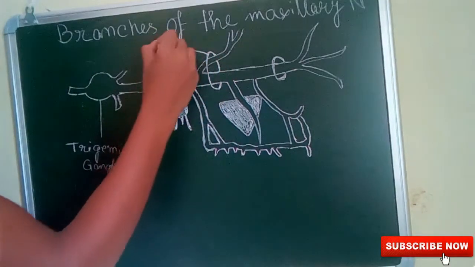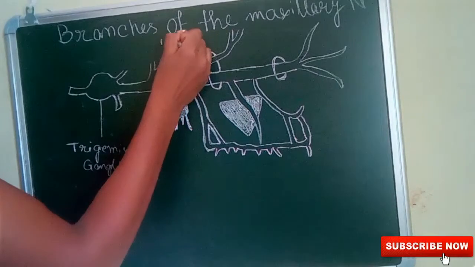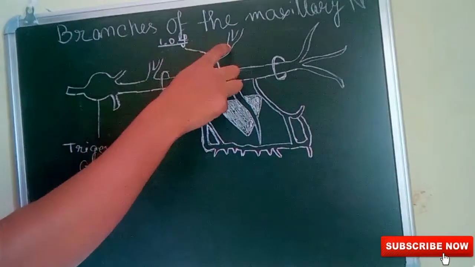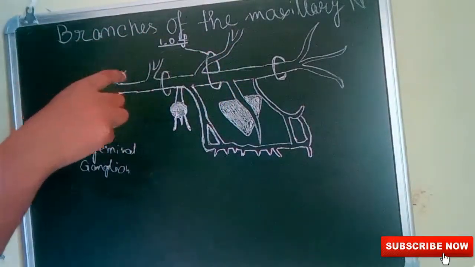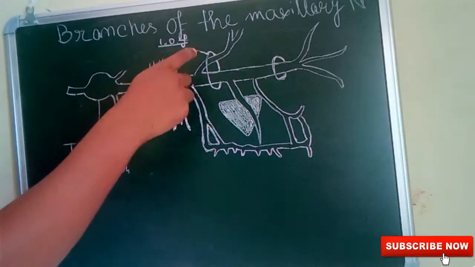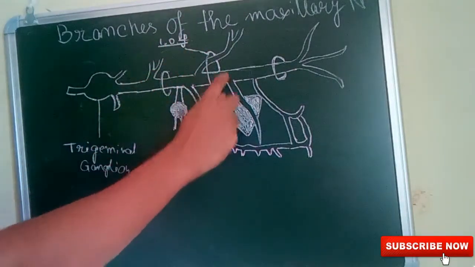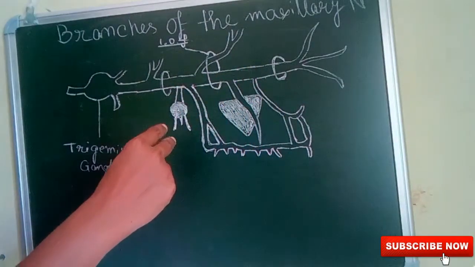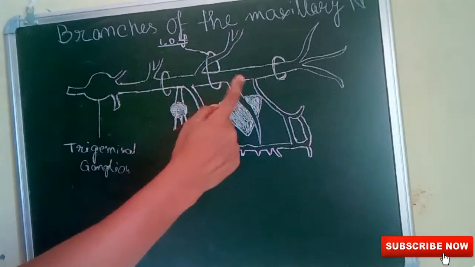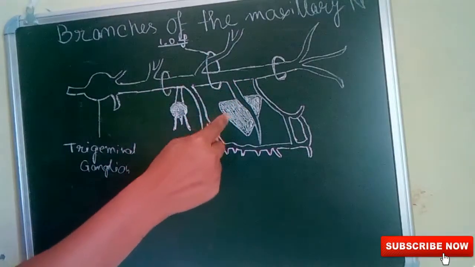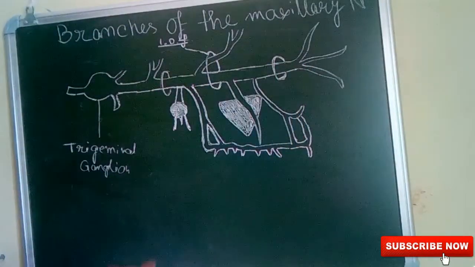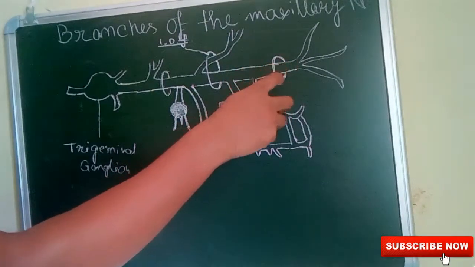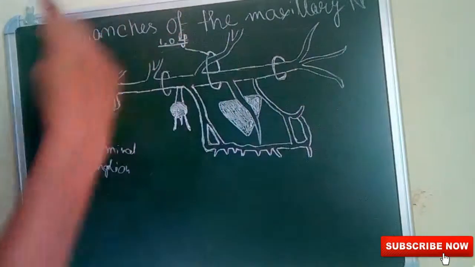Hence the name infraorbital nerve. Then the infraorbital nerve runs forward along the floor of the orbit in the infraorbital groove and canal, and appears on the face through the infraorbital foramen.